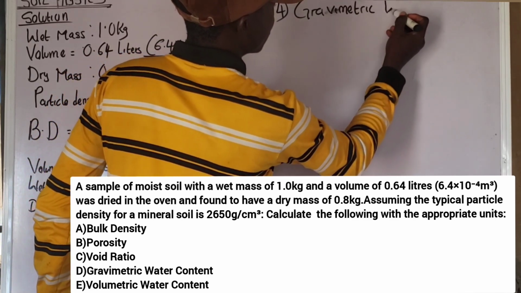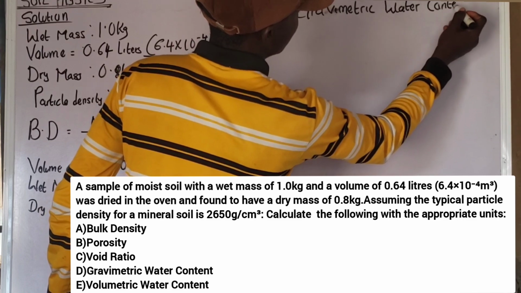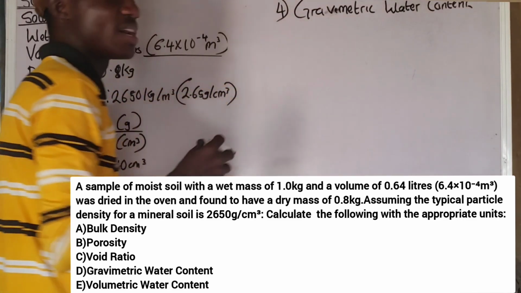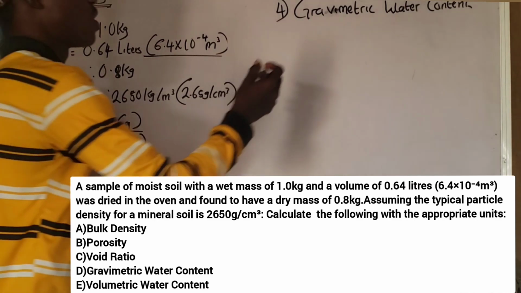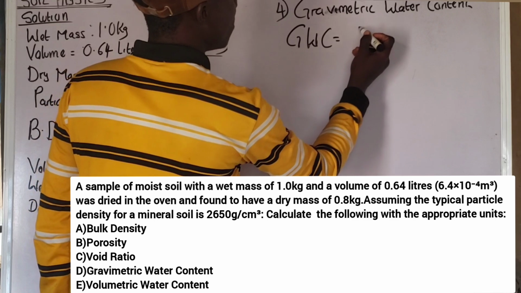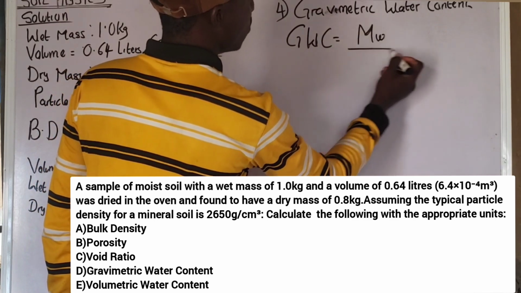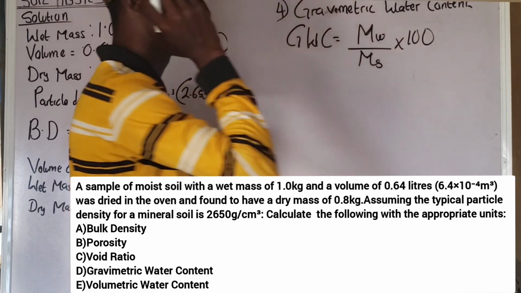This is the formula that you're going to use to calculate the gravimetric water content. It is given by the mass of the water all over the mass of the soil multiplied by 100. You understand? Because we must put it in percentage.